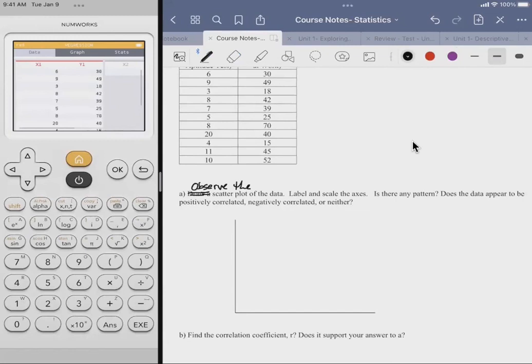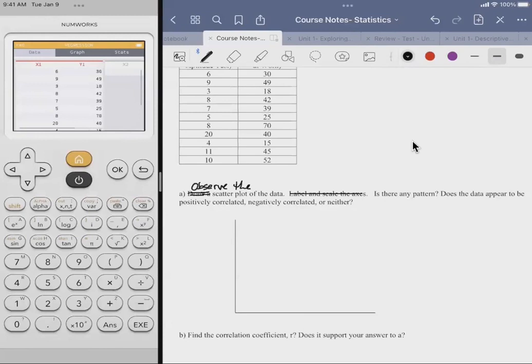Typo being the word of the day. Typo, T-Y-P-O, because I have made a few of them and I feel like it's just naturally begging to be the word of the day. All right. Label and scale the axes. Well, let's not worry about that. Is there a pattern? Does the data appear to be positively correlated, negatively, or neither?